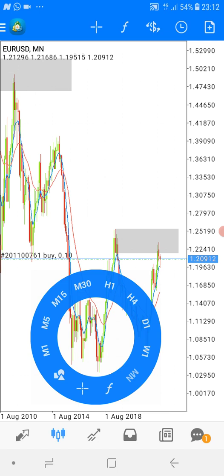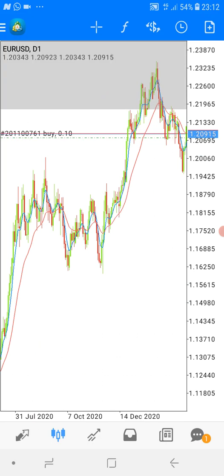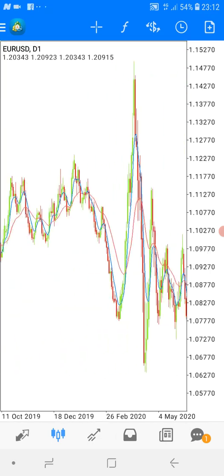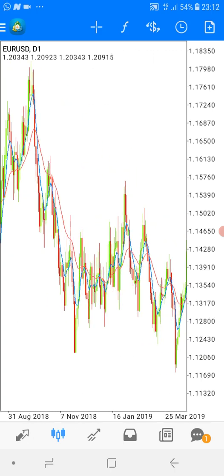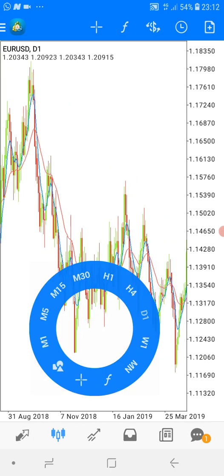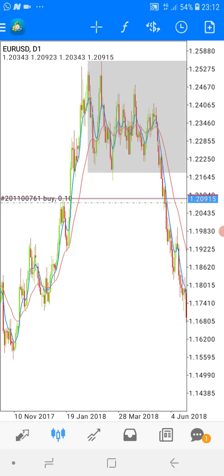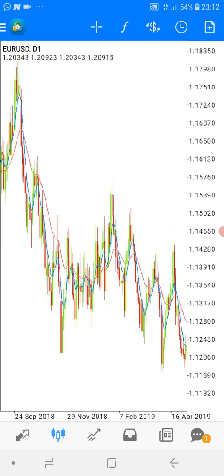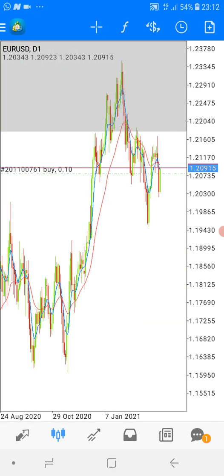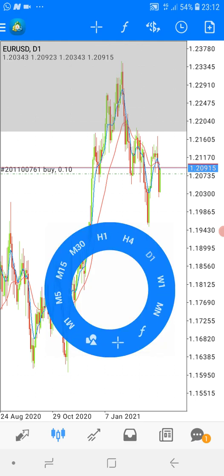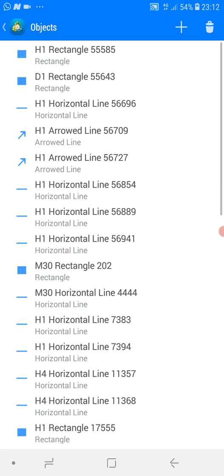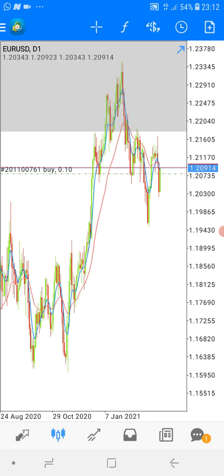But if you want to take those, you need to be very sure of what you're doing. So I went to the daily as soon as that happened. And this is the zone, and this is the test of the zone, right? Price was going up, as you can see here, and got to a zone, right?